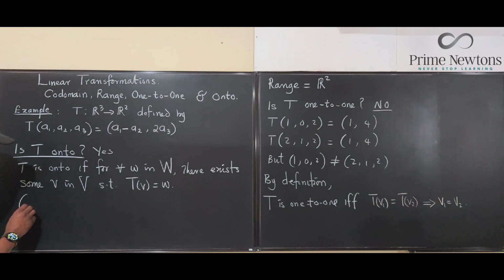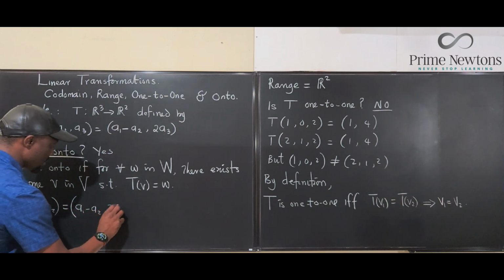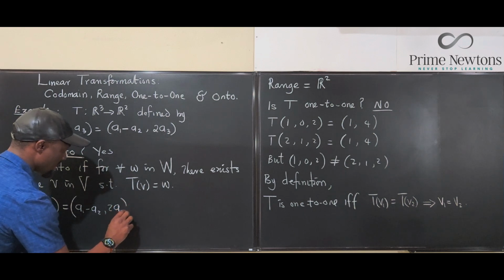So let's call this B1, B2 equals A1 minus A2, comma 2A2, A3 rather.